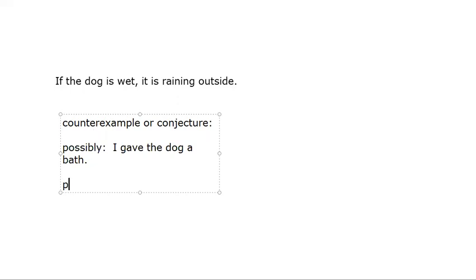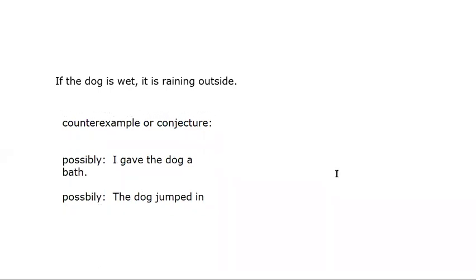Another example, you only need one, but might be the dog jumped in the pool. He could have been in the creek. I could have squirted him with a water hose. He could have dumped his water bowl out on his head. Any of these kinds of things. The point is you only need one counterexample or conjecture to prove something wrong.